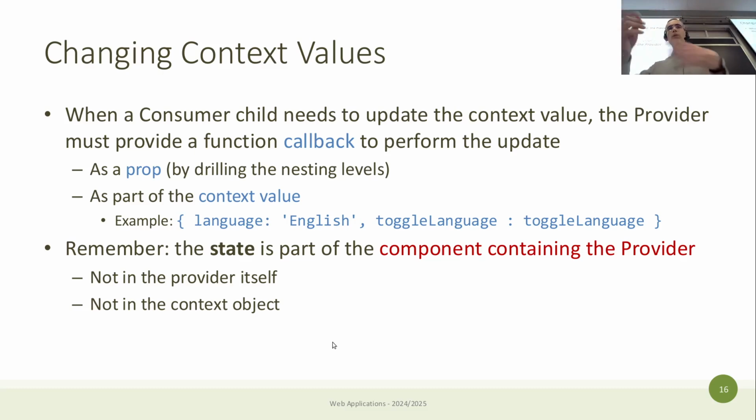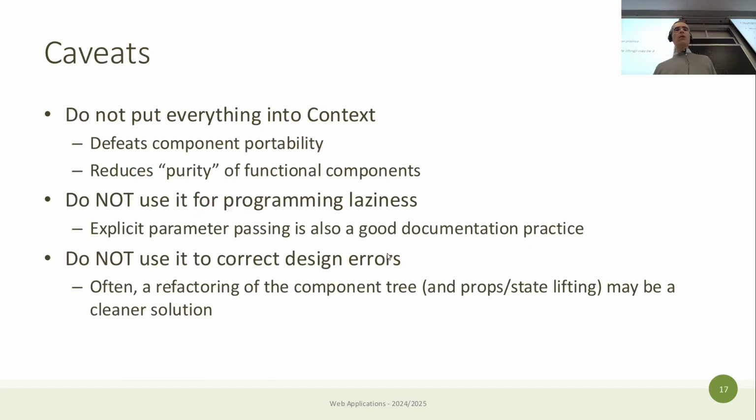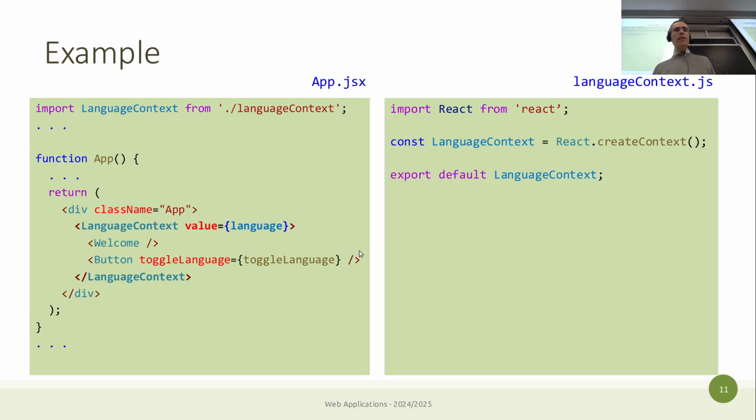We have access to the properties needed to make it work, but we cannot store values there. So the state is here. It's in App, because in the component App, we put the provider, the language context provider. Okay, that's all.